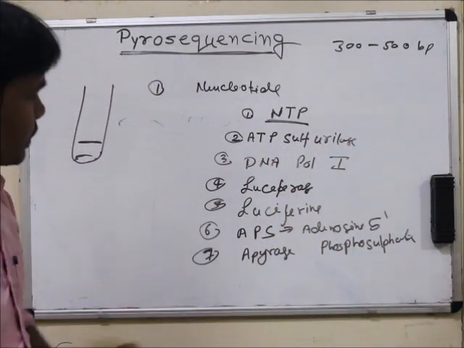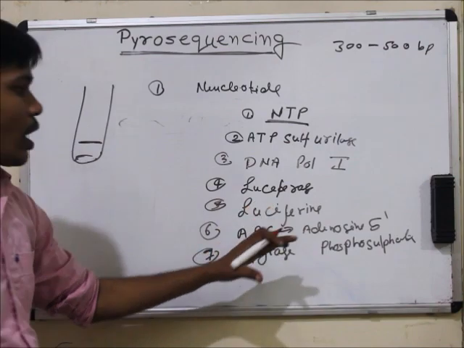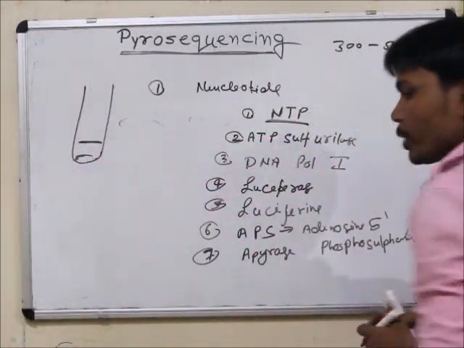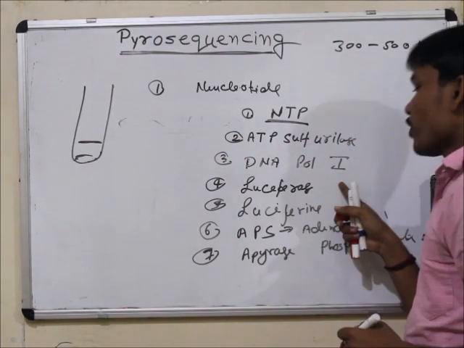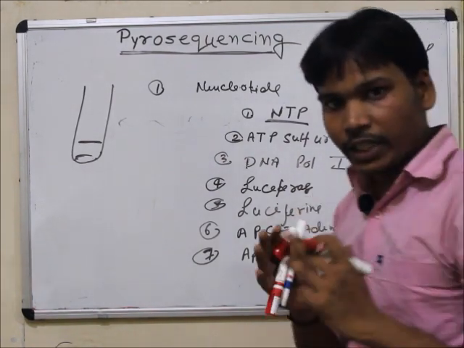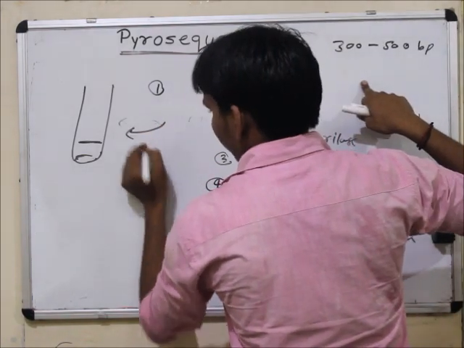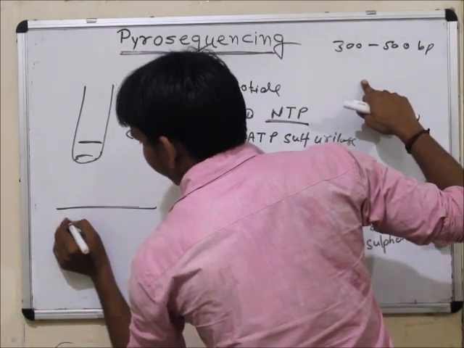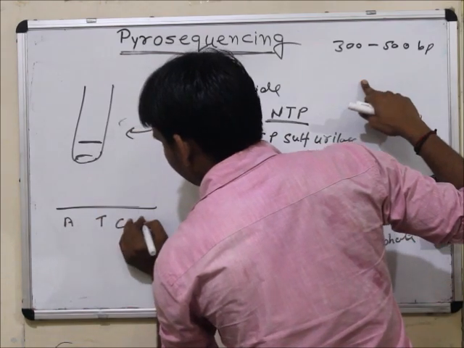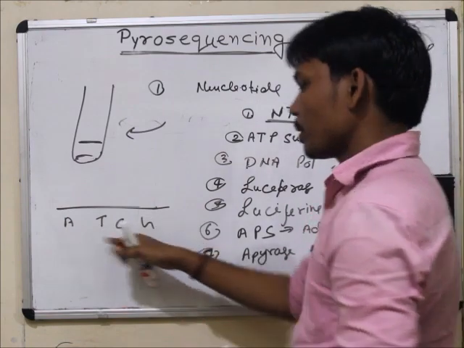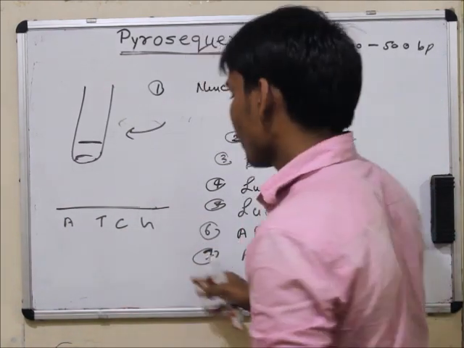Why is each required? Their functions are different. You know the function of DNA polymerase: it adds the nucleotides. Suppose the sequence is A, T, C, G. This is a simple four base pair sequence I have taken for your understanding.